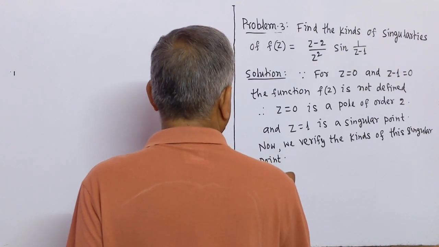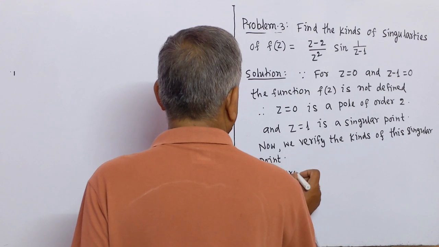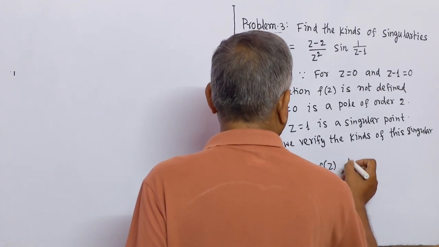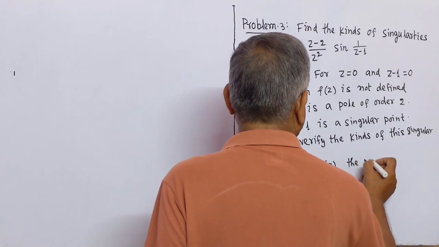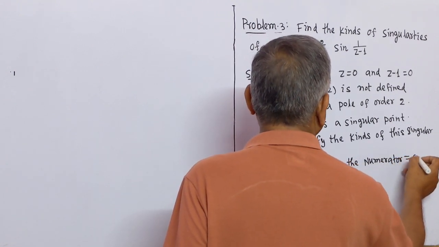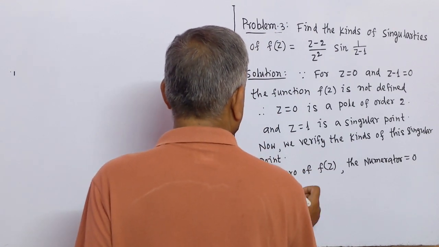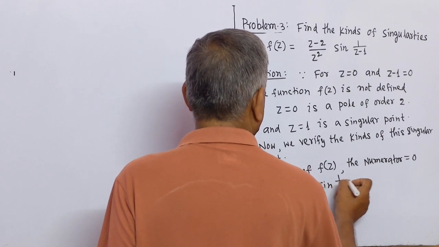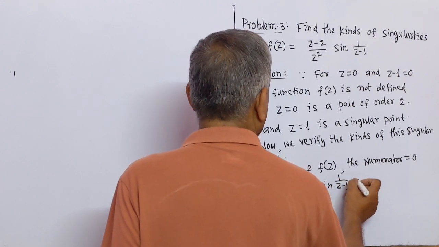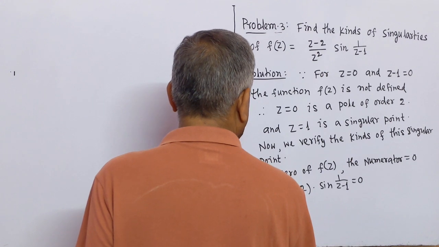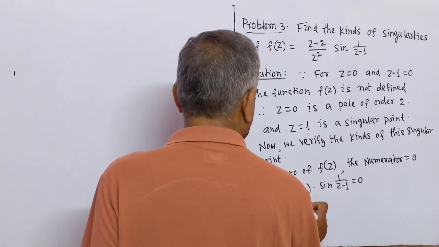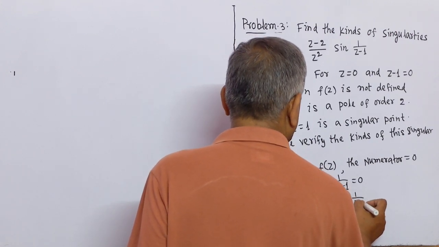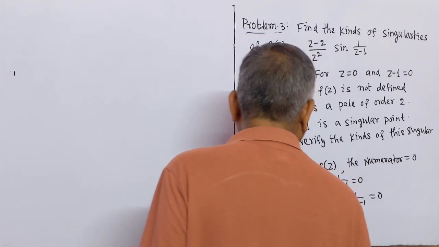For zeros of f(z), the numerator equal to 0 implies that (z - 2) sin(1/(z - 1)) = 0, which implies that z - 2 = 0 or sin(1/(z - 1)) = 0.